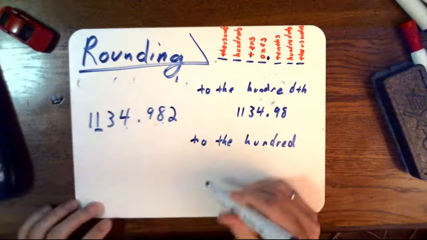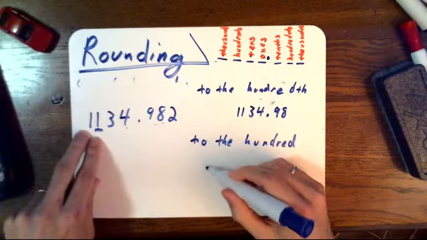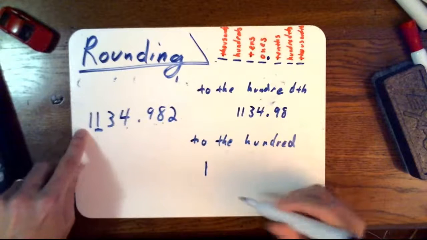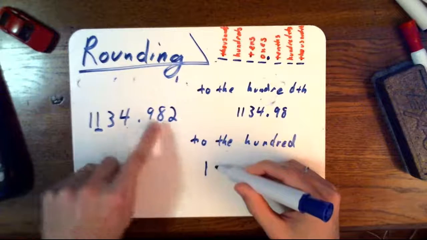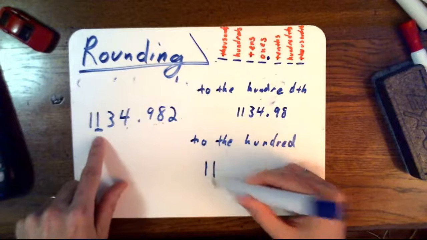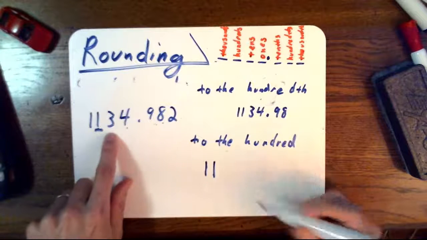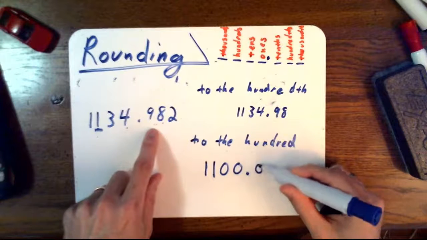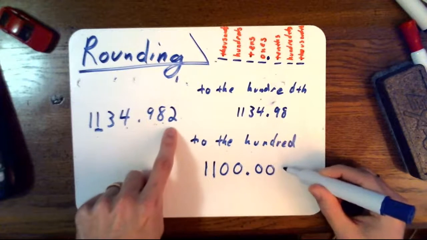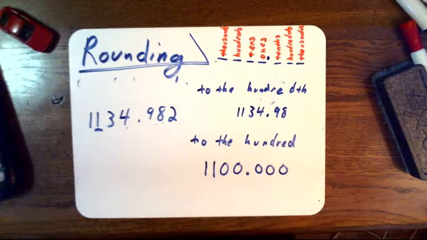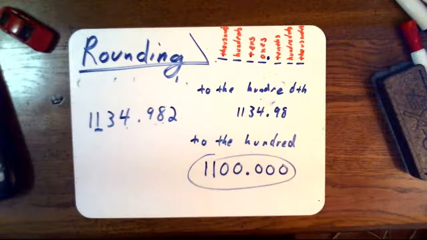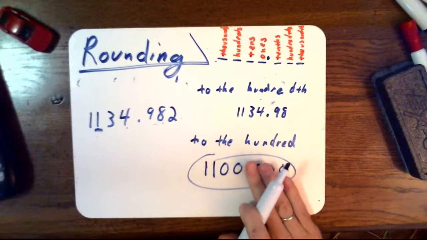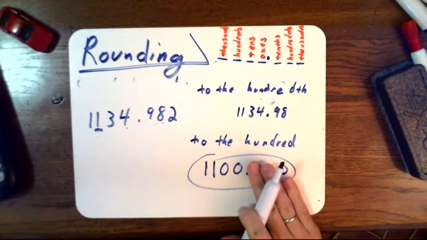No. So numbers to the left you're going to leave, and that means we're going to round this number down. That 1 stays as a 1, and then you just fill in the rest of the positions with zeros. Sometimes you don't need the decimal hanging on to the end. Sometimes you can get away with just leaving it like this, 1,100.